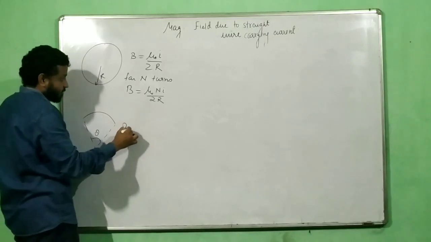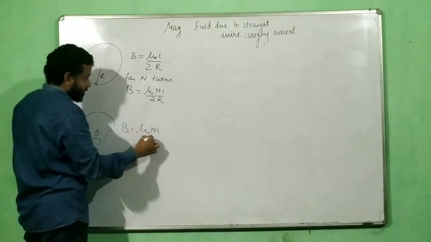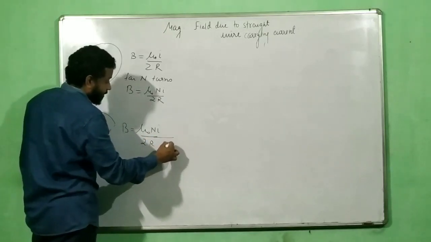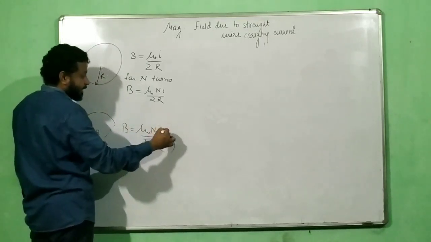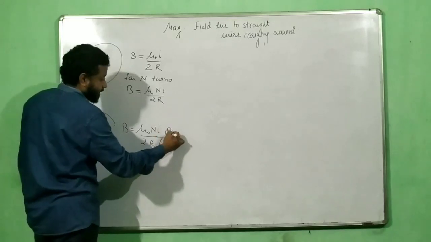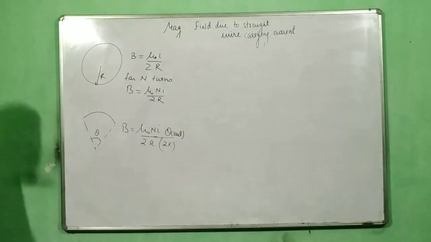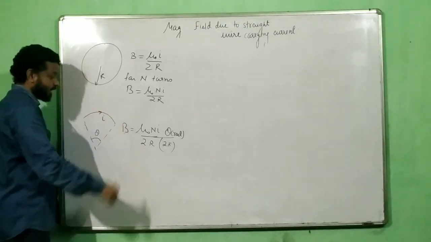Then what is the field formula? The formula for field is mu naught nI by 2r, if it has n turns. First you divide by 2 pi in terms of radian, that means you are finding the field per unit radian, and then you multiply it by theta, and this theta must be in terms of radian. This is the working formula for any arc carrying a current I.